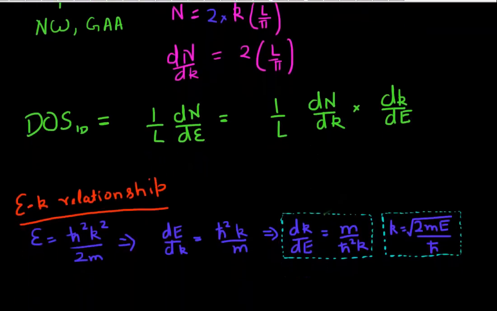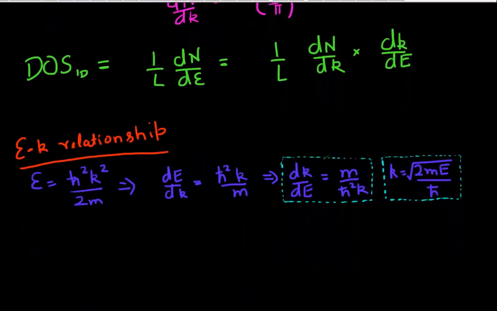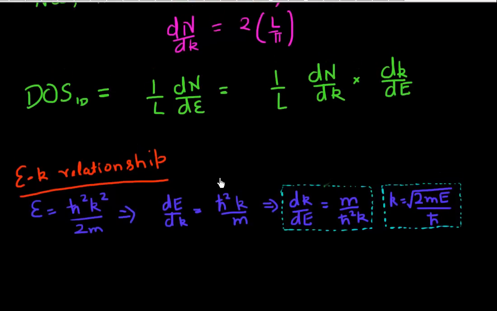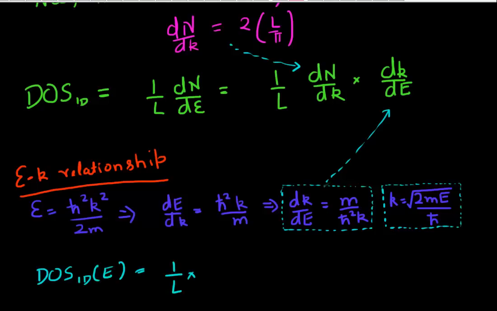Again, I'm repeating the same steps: I take the E-k relationship and use that to substitute into this density of state formula. So I substitute for dE by dk, and I substitute for dN by dk, and finally what I get for a one-dimensional semiconductor is that my density of state is essentially 1 by L, substituting for dN by dk over here.